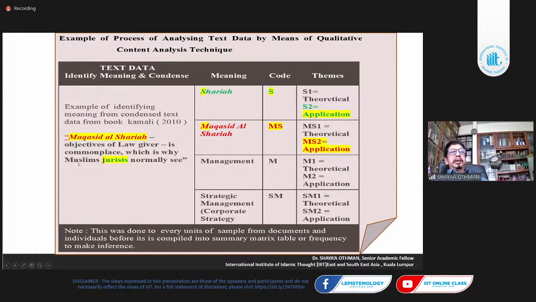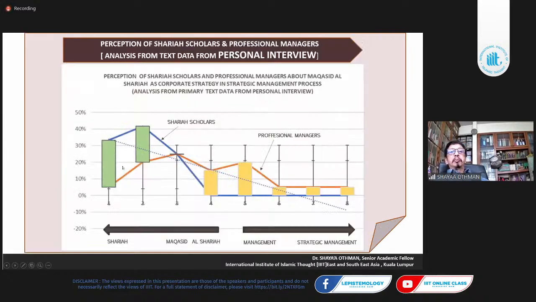This is an example of the views that were collected. For example, when we are talking of maqasid, then I give you some code. Most of those people are talking of jurists, then I give you some code. They're talking of application, yeah. And these are patterns of perception of scholars and professionals. You see the pattern, it is moving to what? Management, strategic management.